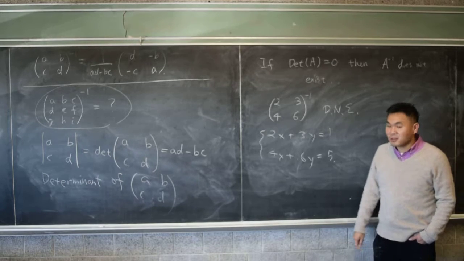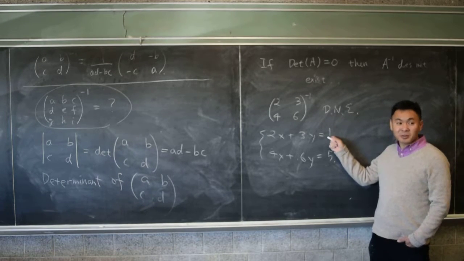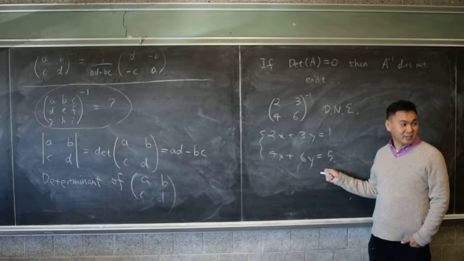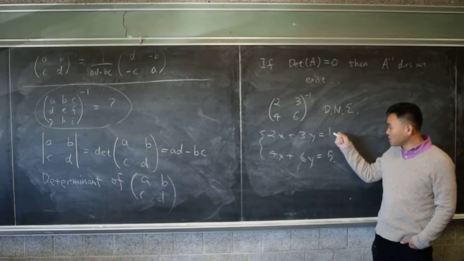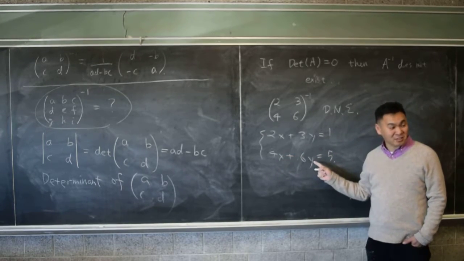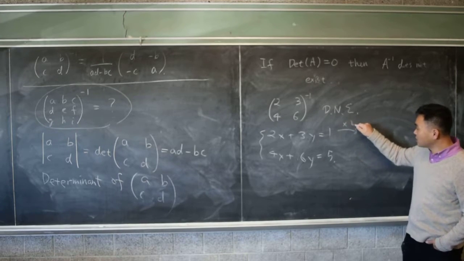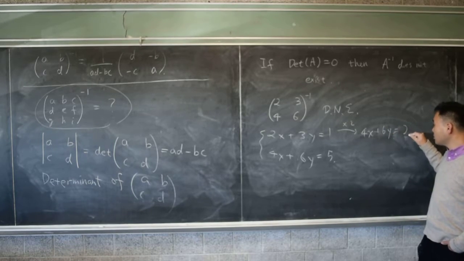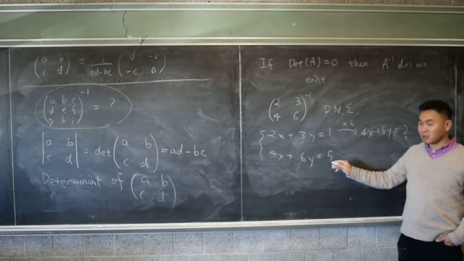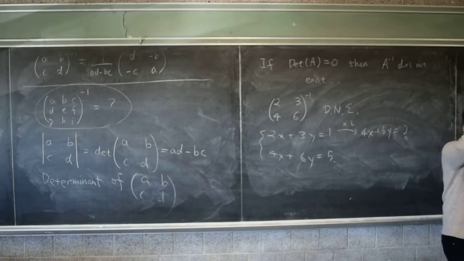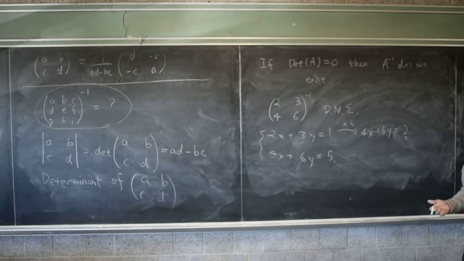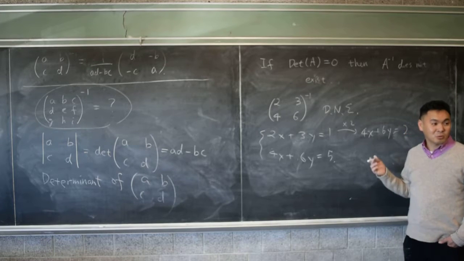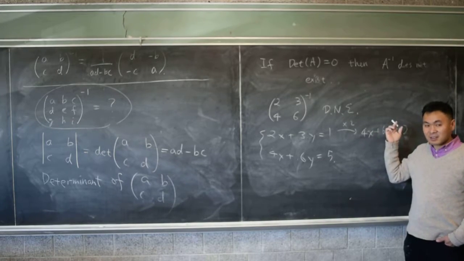Well, here's what it means. If you double this, the left side is exactly the same. If you double it, you get 4x plus 6y equals 2. And that doesn't agree with this one. So what does that mean? It's not equal.